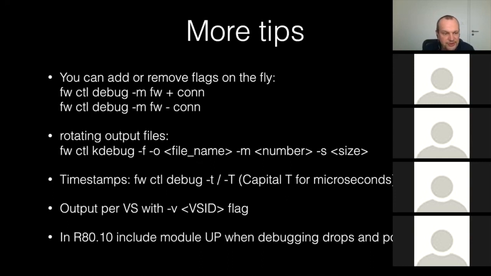So to do that, you run fw ctl kdebug -f -o, and then you give the file name. And if you want to run a rotation of the debug output files, you can add it by -m and the number of the files to keep, and -s for size of each file.